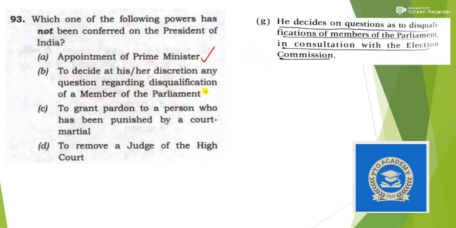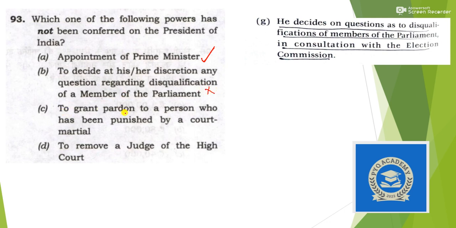No. First of all, you must know that the president has no discretionary power, although he has some situational discretion, but in the Constitution he has no direct discretionary power. He decides on the question of disqualification of members of parliament in consultation with the Election Commission. So this statement is wrong.